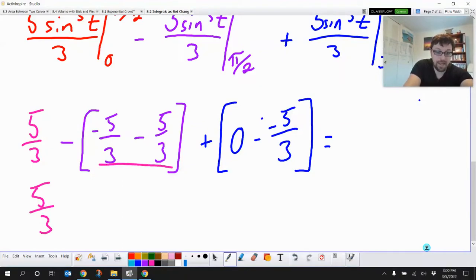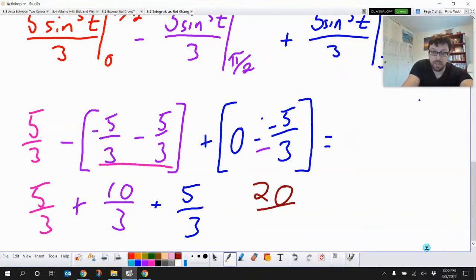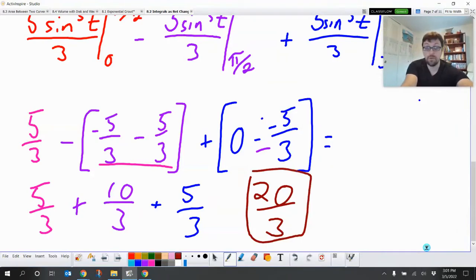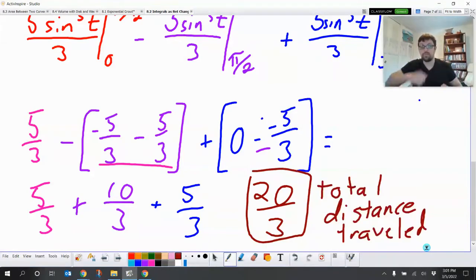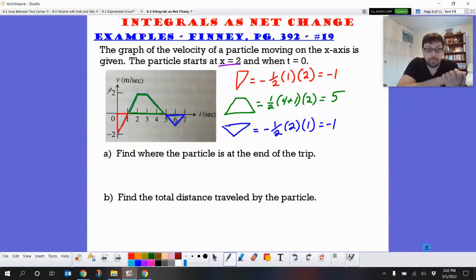This is negative 10 thirds, but then it becomes positive, so it'll be positive 10 thirds. And then this minus minus will become a positive, so we get another 5 thirds. So our total distance traveled is 20 thirds. Total distance traveled of the particle is 20 thirds. And that's done.